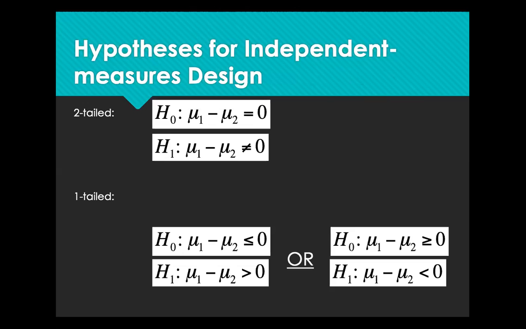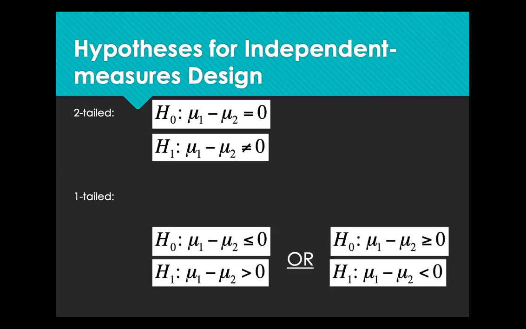But recall that if it's a one-tailed test, you're not just going to say that the two means are the same or different, by saying either the difference will equal 0 or the difference will not equal 0.